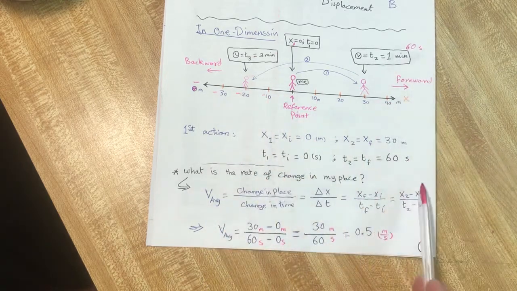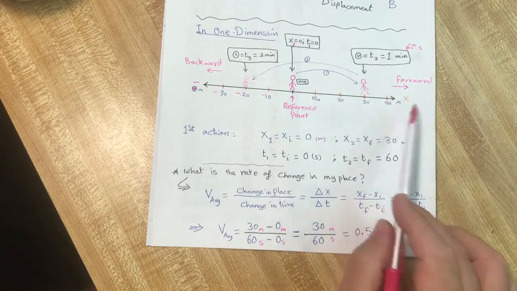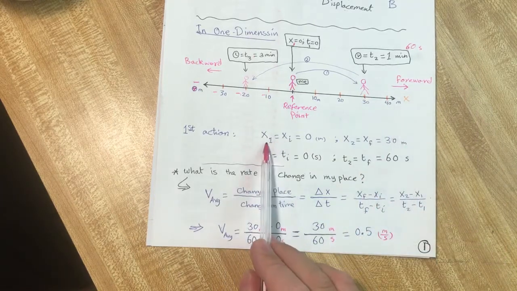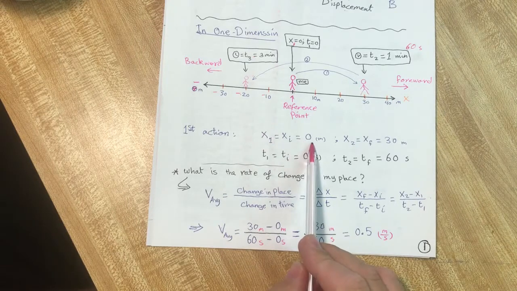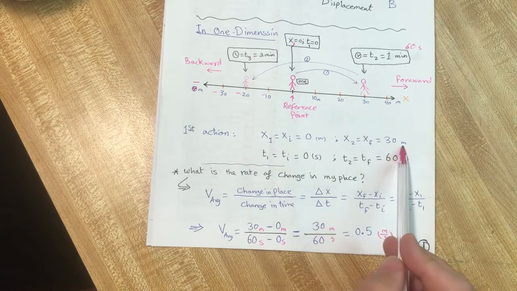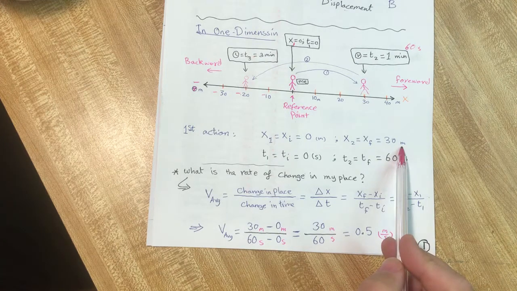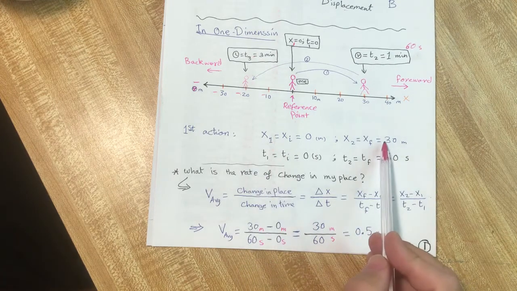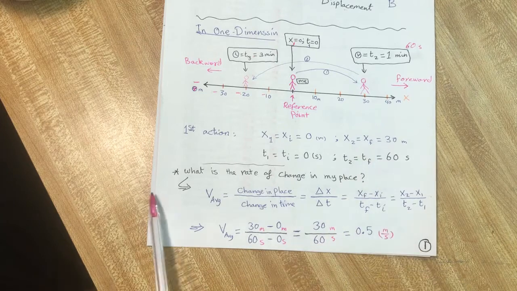We can use the y axis, but we use x axis here. X initial, which is x1, I choose to be 0. And x final, which is x2, is 30 in meters. This is the unit. And it is positive 30.